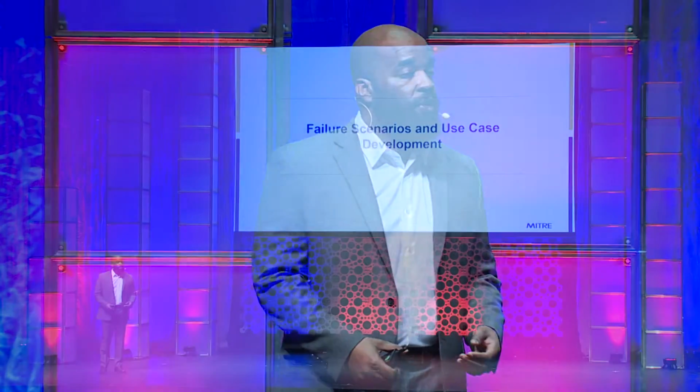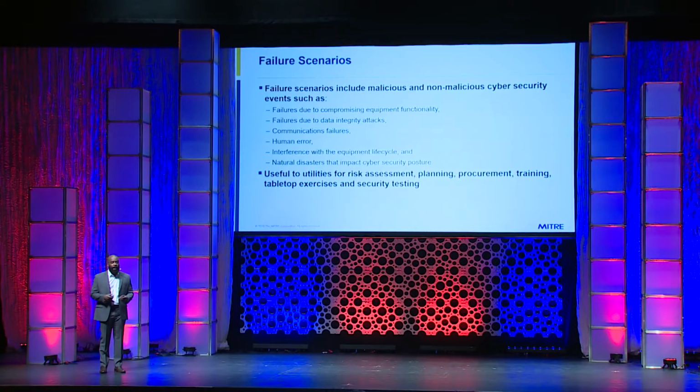On the ICS side, we're limited in terms of incidents that we can draw upon to mature the model or think about additional scenarios that we can perform in a testbed environment. So one thing we've utilized are failure scenarios, and we decompose these into use cases, and I'll talk a bit about that.